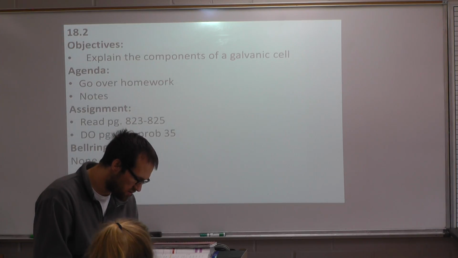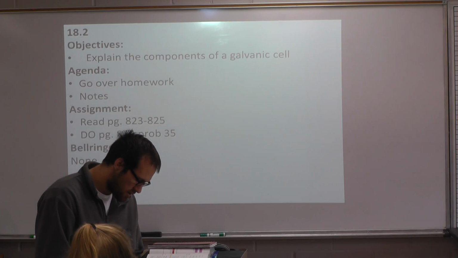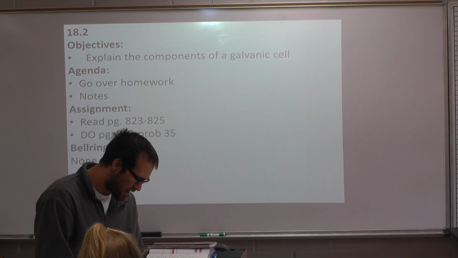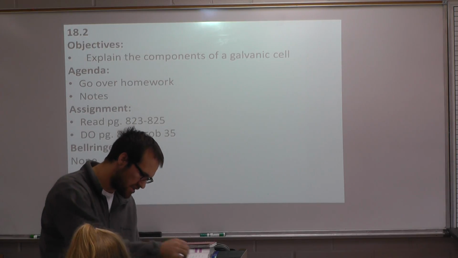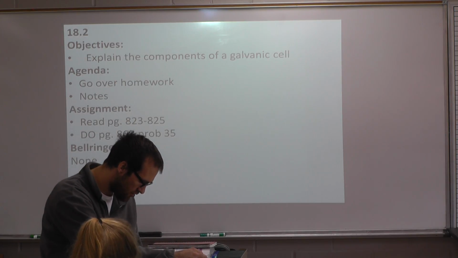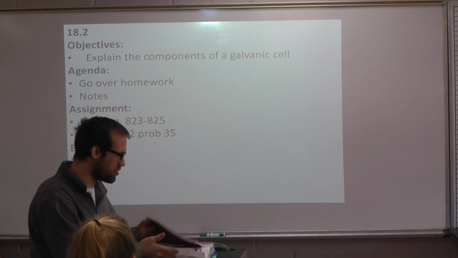So you can see the reduction half reaction and the oxidation half reaction. The multiplication of the second half reaction by 5 indicates that this reaction must occur 5 times for each time the first reaction occurs. The balanced overall reaction is the sum of the two half reactions.